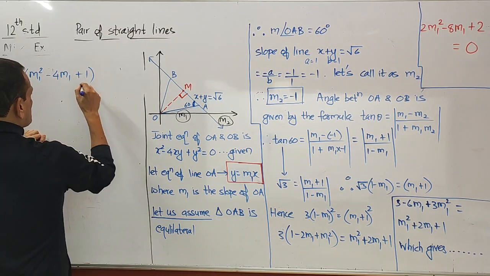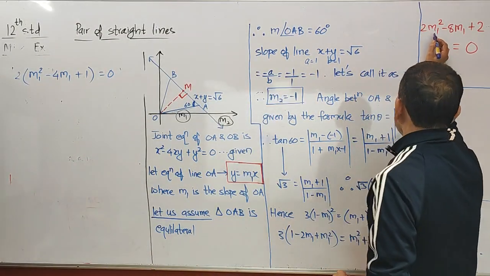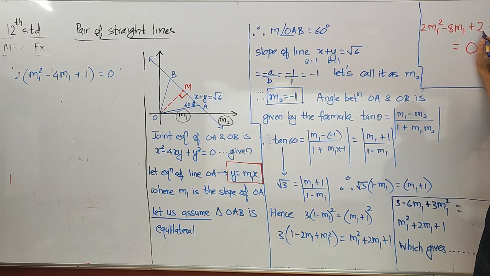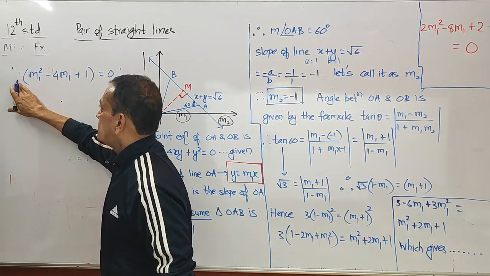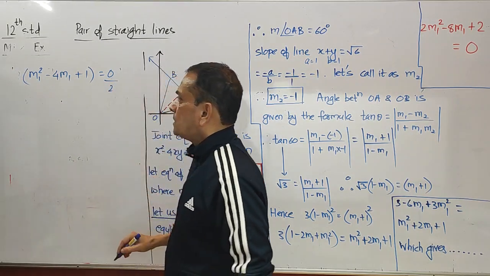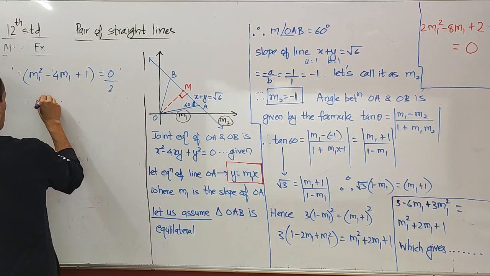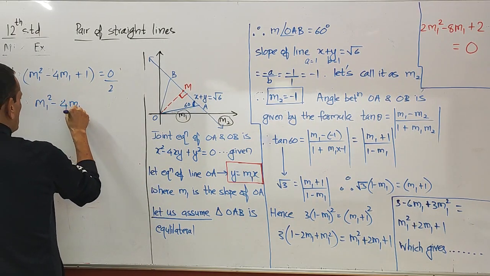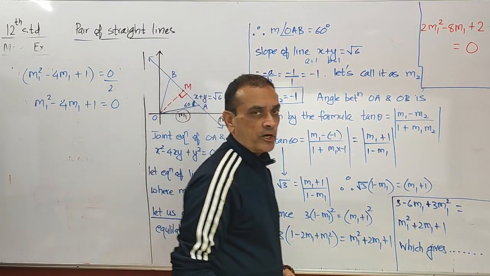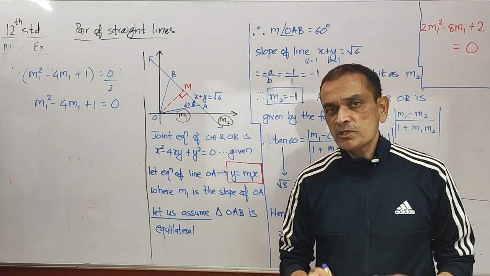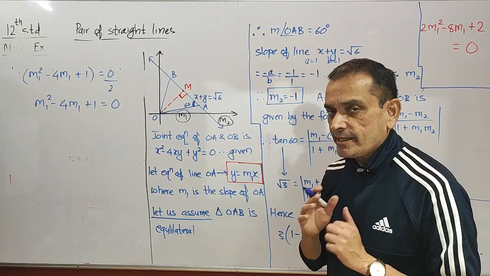Okay? टू कॉमन निकाले, m1 स्क्वायर माइनस 4m1 प्लस 1 इक्वल टू 0. नो 2 यहाँ पे अगर लिया 0 अपॉन 2 that gives you 0. So m1 squared minus 4m1 plus 1 equal to 0. Now comes the interesting point. So how do we show that our assumption is right? Right, wrong नहीं, right. How do we show that our assumption is right?